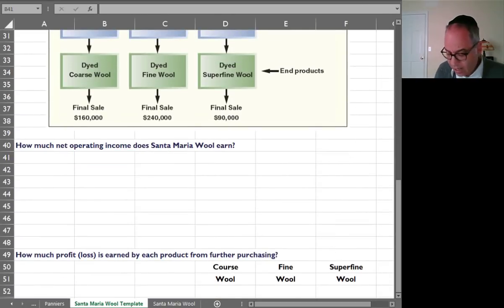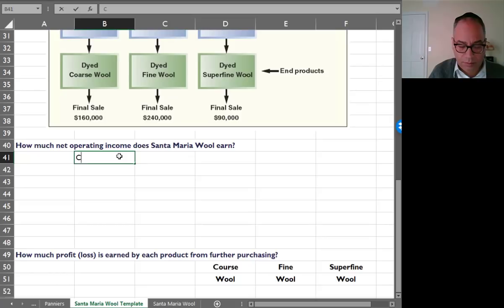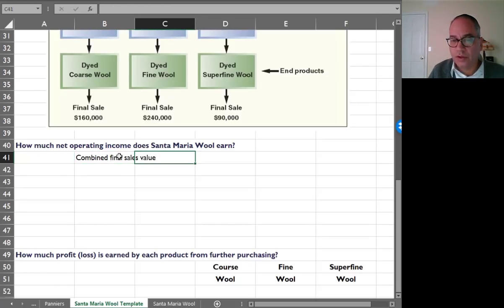So I have here the combined final sales value would be equal to 160 plus 240 plus 90.